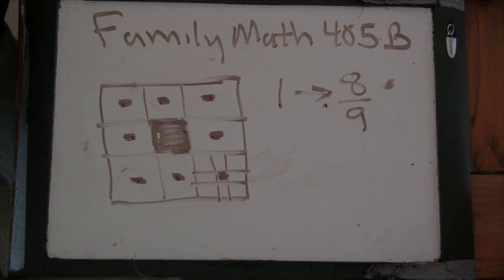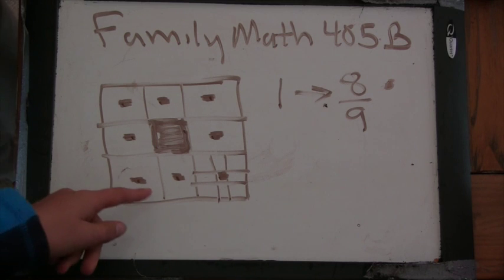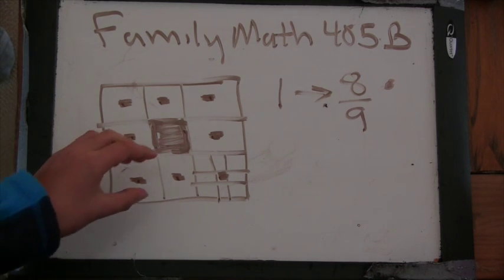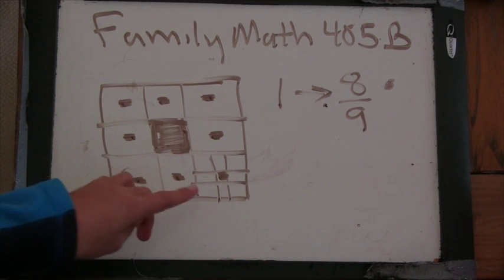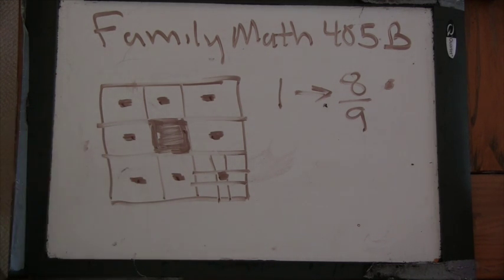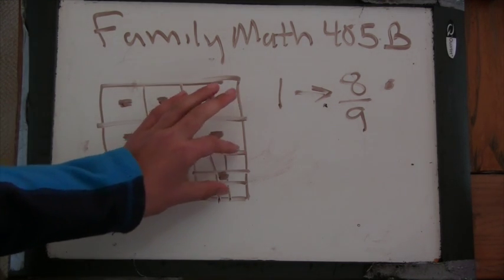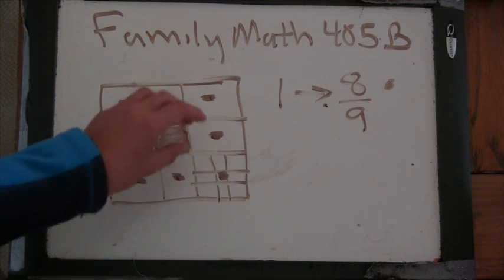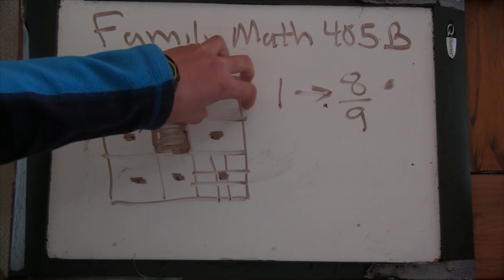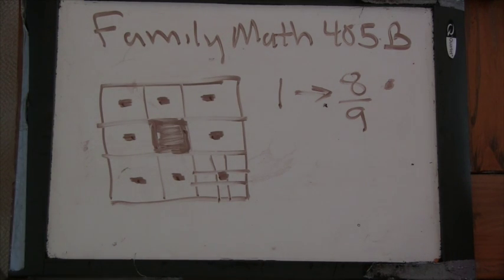Well, I think you're removing 8/9 of a little square, because you're removing 8 of these little centers. And then you have 9 little pieces here. Oh, I see what you're saying.